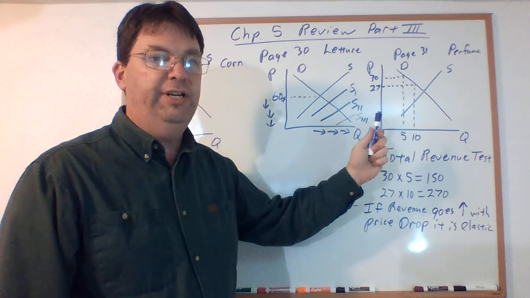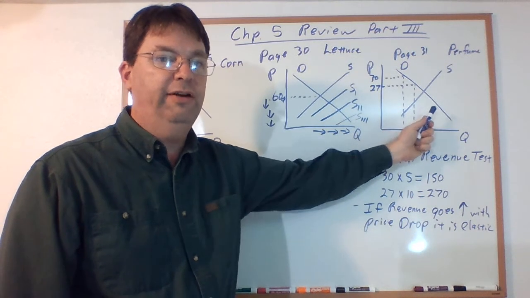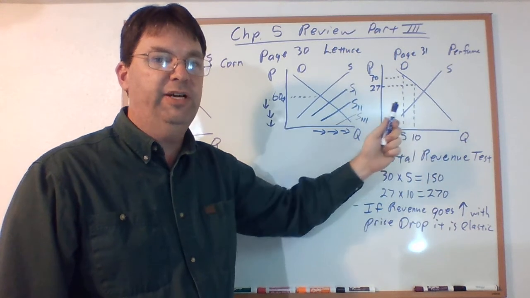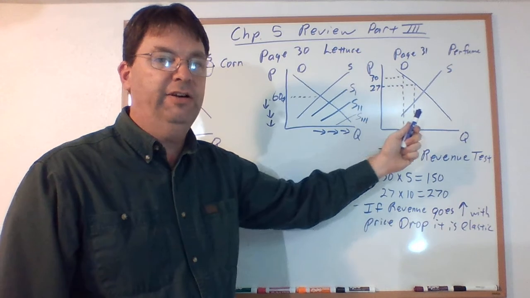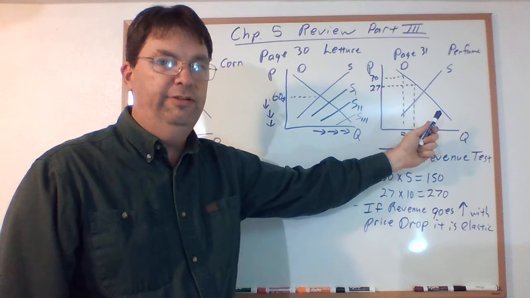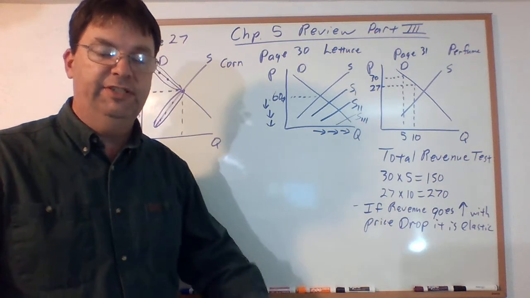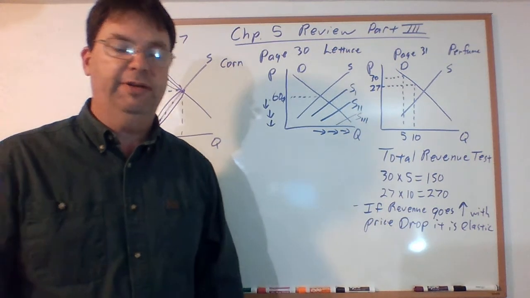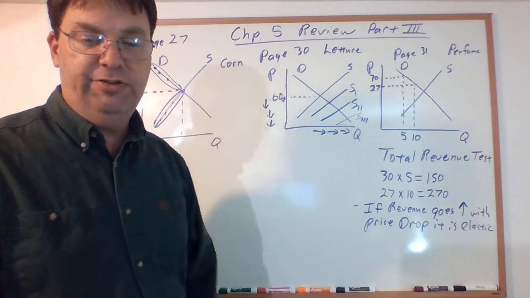So sometimes you're going to hit the demand curve. The supply curve's down here and the demand curve's out there. So if they ask you for a price down here on the supply curve, it's right here. If they ask you for the demand curve, it's out here. Make sure you hit the right curve before you go down, because otherwise you won't get the right numbers. Okay. But what we really want to understand is the very last question on here.